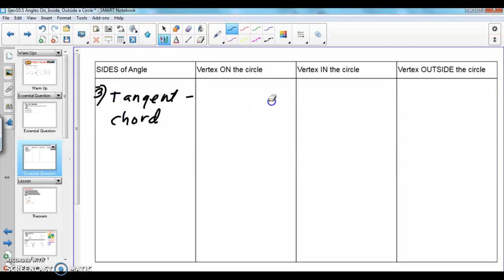The vertex is on the circle. So we're going to write here the angle is equal to 1/2 of the arc. It should stay under this column. Just write it down a little bit smaller because the vertex of the angle is on the circle.